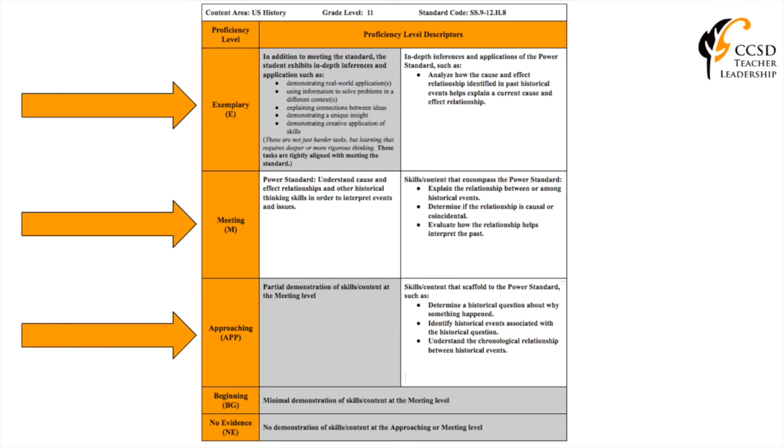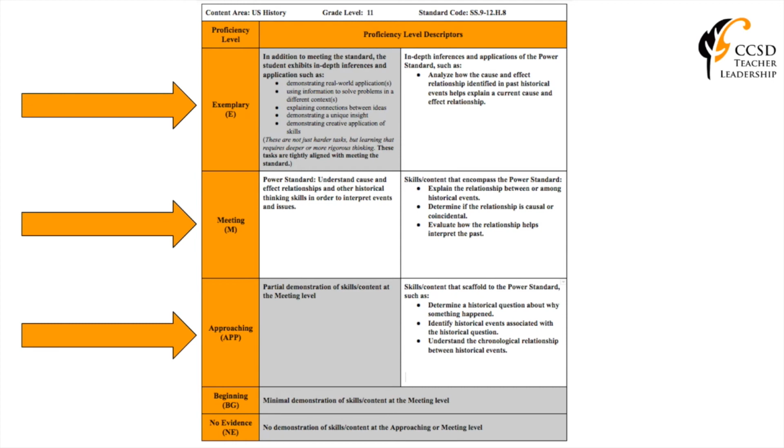In this type of tiered assessment, you will give separate questions for each level of the proficiency scale. This does not mean that students do not have to show an approaching level of proficiency when they respond to meeting or exemplary level questions. A well-crafted question at the meeting or exemplary level will link the lower levels together with it.